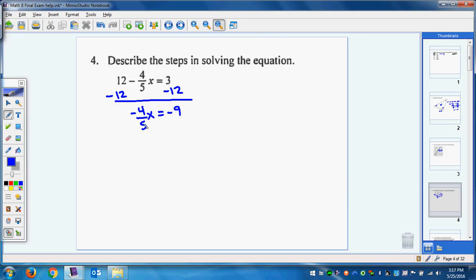And then how do I get rid of that fraction? Am I going to divide? No, I'm going to multiply. I'm going to multiply both sides by, what's that fancy word? Starts with the letter R, reciprocal, which would be negative 5 over 4. Don't worry about the x.